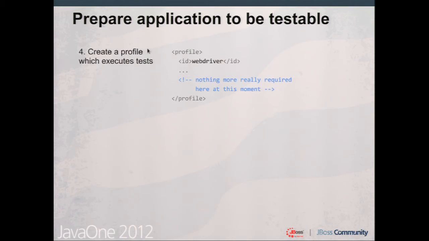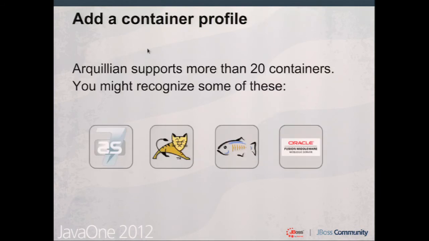And let's prepare the application for some real testing. So what I'm doing here, I'm preparing another profile which will be used for test. This is not the default profile where the tests are skipped. So if you want to test your application on a container, you need to have a place where to deploy it.